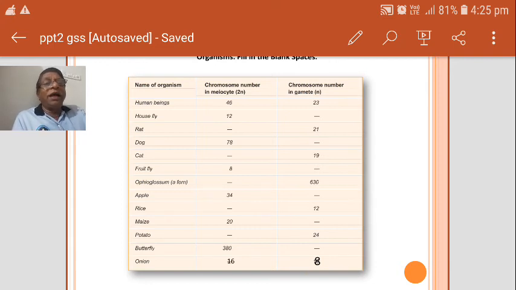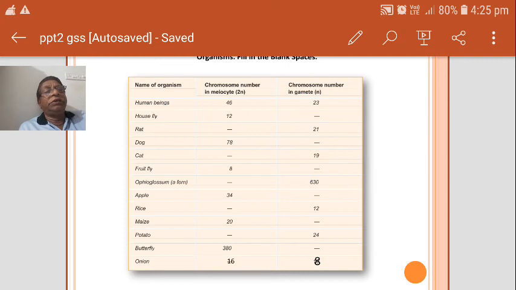Each cell contains how many chromosomes? Only 2 chromosomes. Okay, so that's all about the meiocyte and gametic number of different organisms. Once again, the table is very important. Okay.